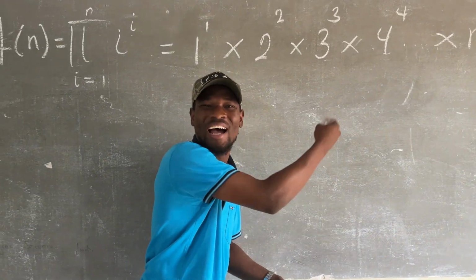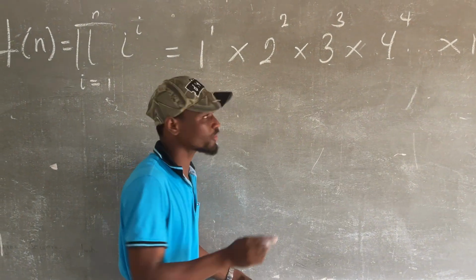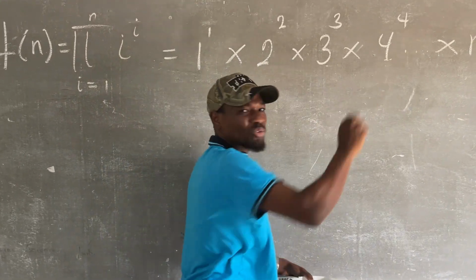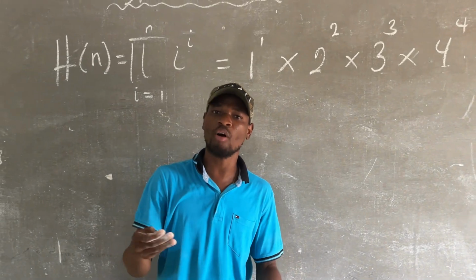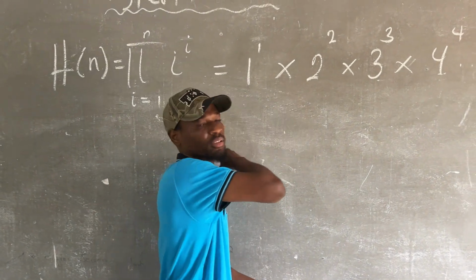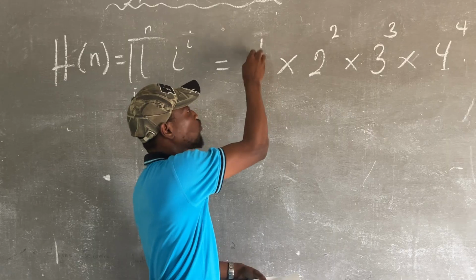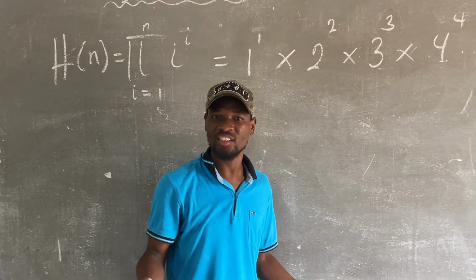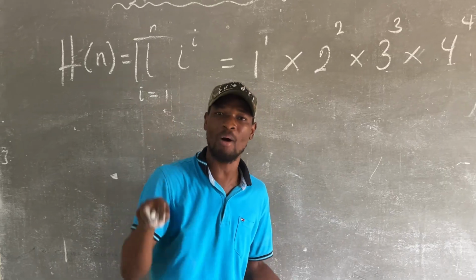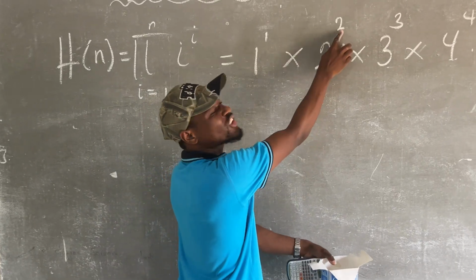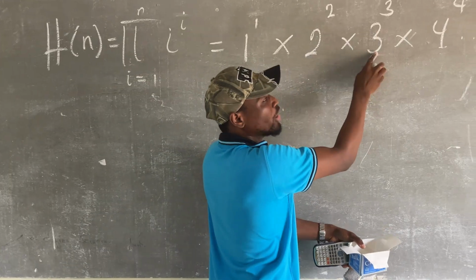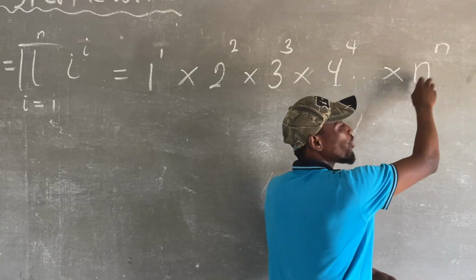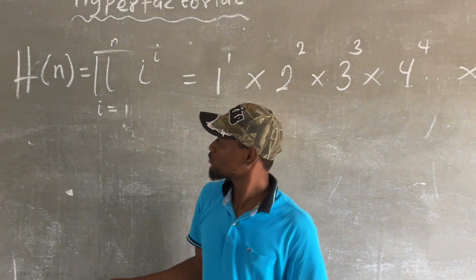From 1, it will increase to 2, then it will increase to 3. So you multiply the integer 1 times the ascending order of the other integers raised to their own powers. So I have 2 raised to its own power 2, times 3 raised to its own power 3, times n raised to its own power n.